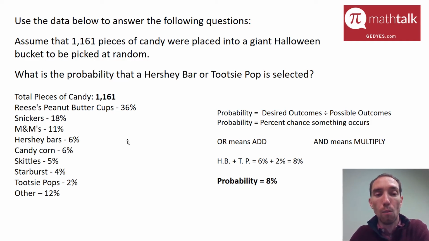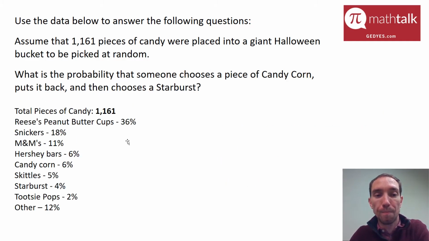Okay, let's look at one more example. We have that same bucket of 1,161 pieces of candy, and we're asked, what is the probability that someone chooses a piece of candy corn, puts it back, and then chooses a Starburst?